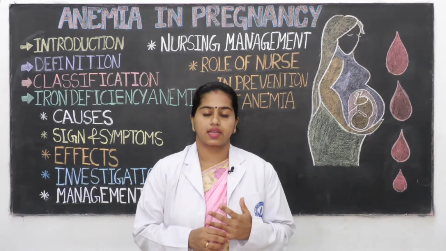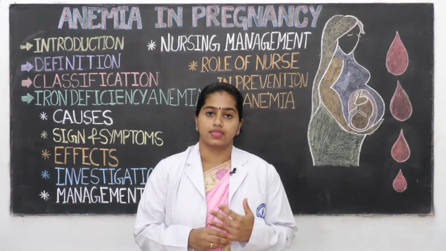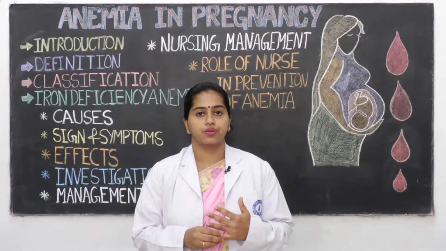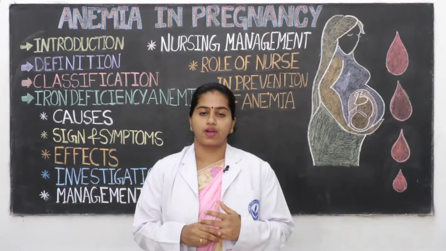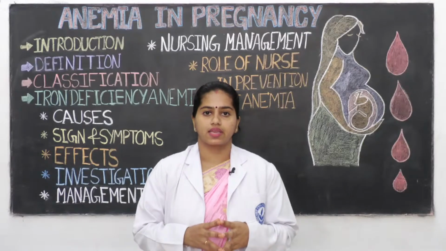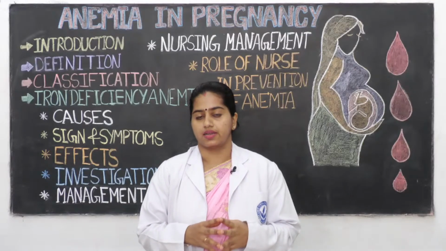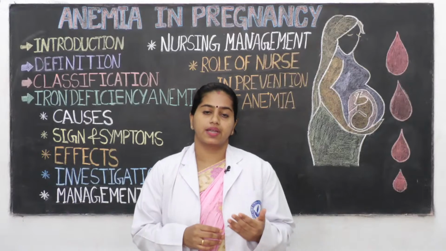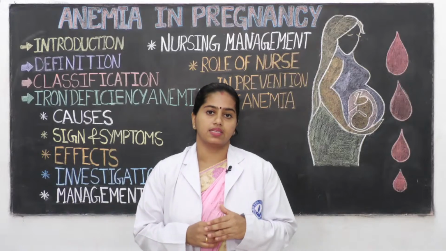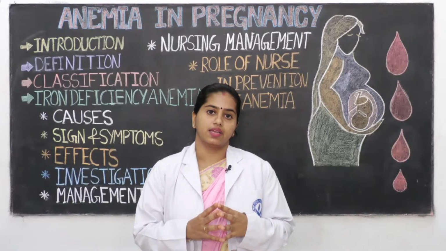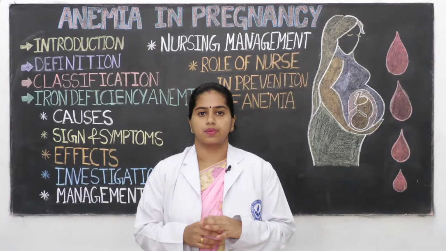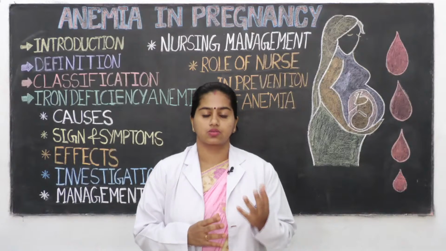Some women cannot store iron in the body according to their pre-pregnant status. The second cause is diminished intake of iron. When the woman is not taking a proper dietary intake of iron, we know there is non-heme iron and heme iron. Vegetarian or non-vegetarian, they can take sources of iron.